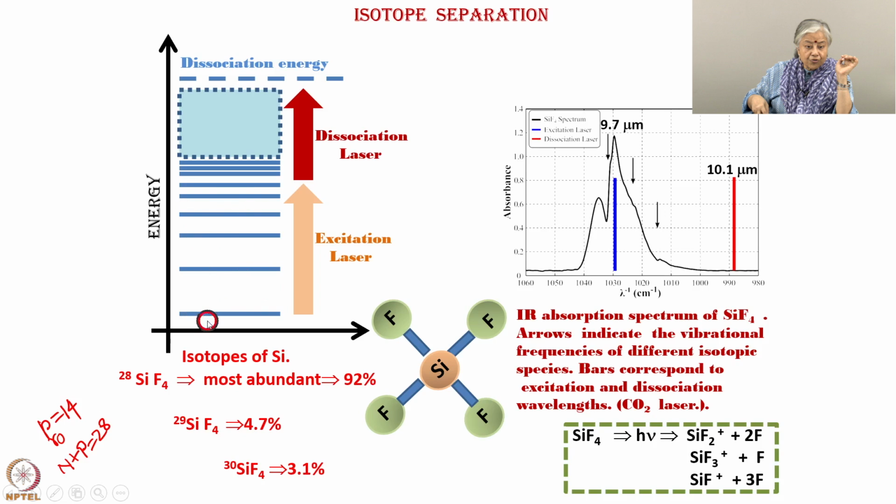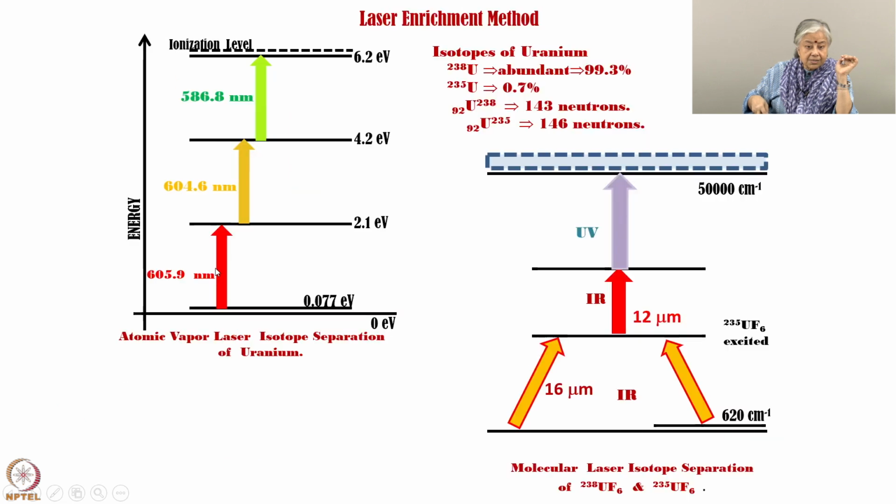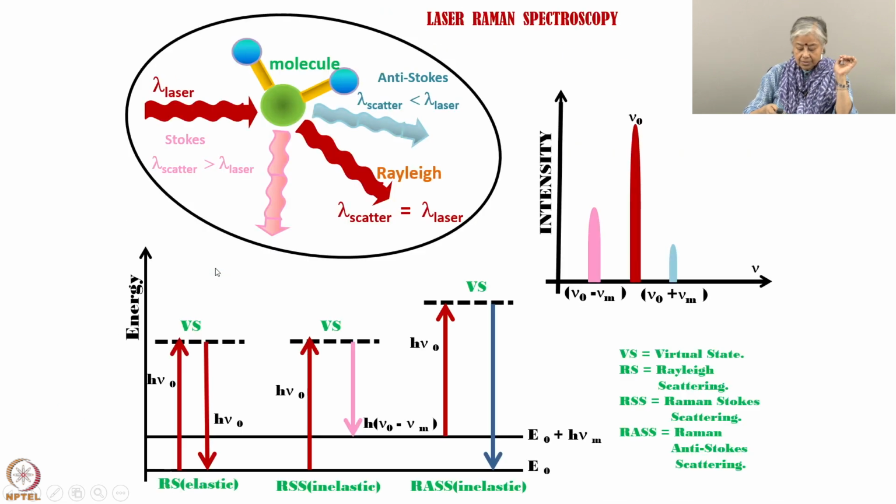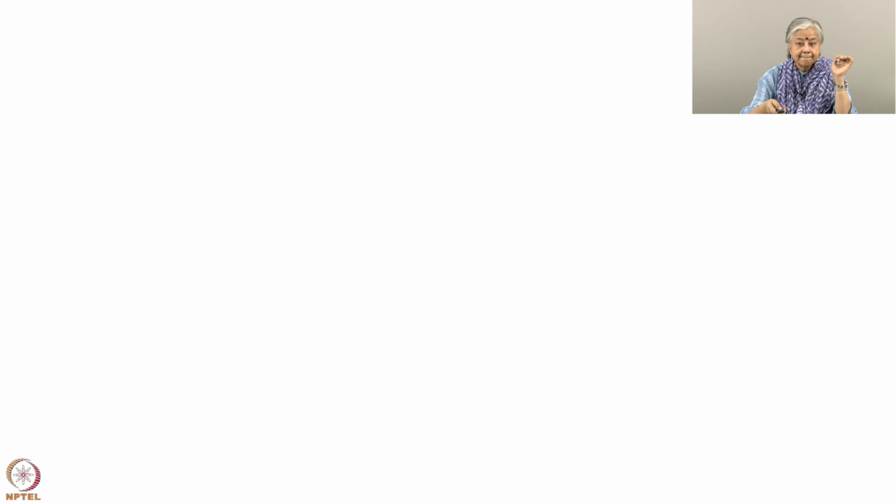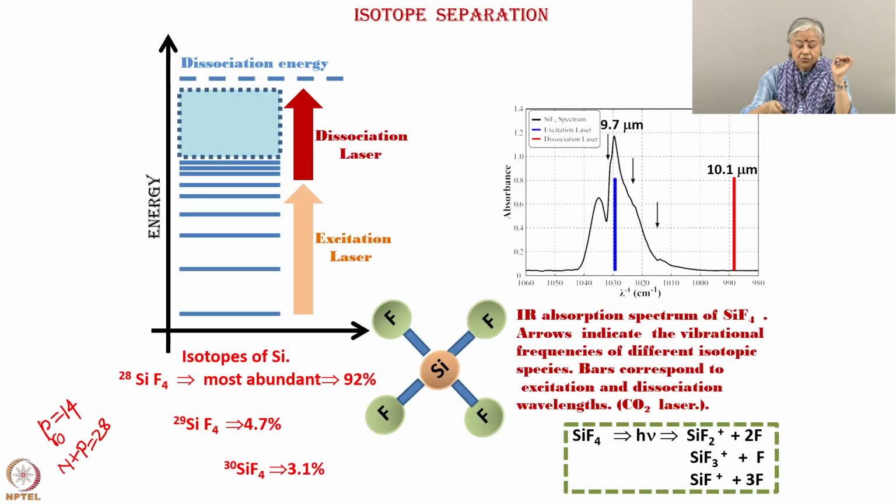So it goes from sparse density to very densely placed energy levels, and finally this part is the continuum where they are so closely spaced, it's as good as a dissociation.